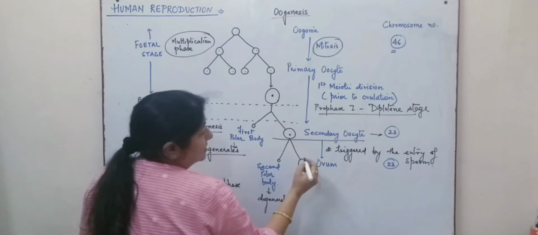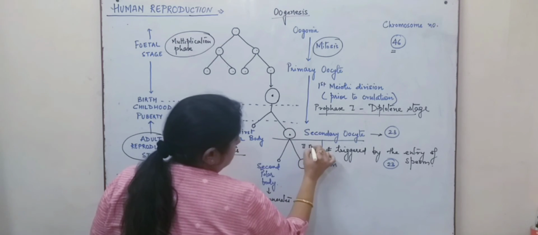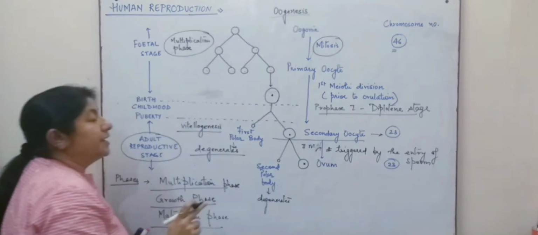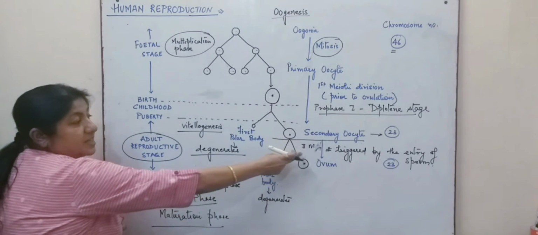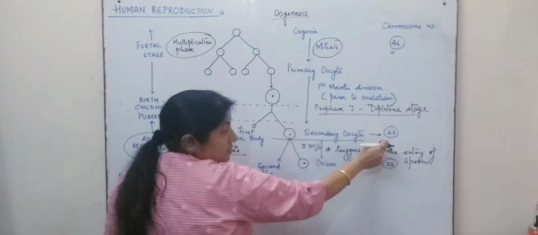Here it is the second meiotic division, and this is equational. The first was reductional, because the number of chromosomes reduced from 46 to 23.